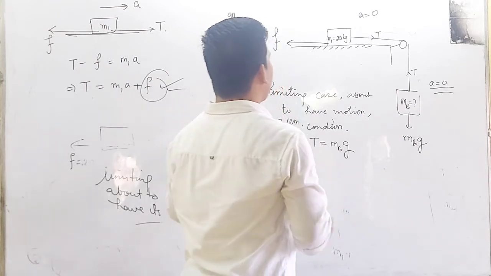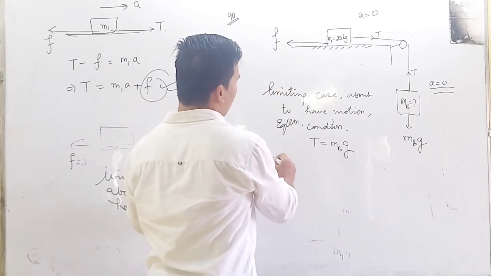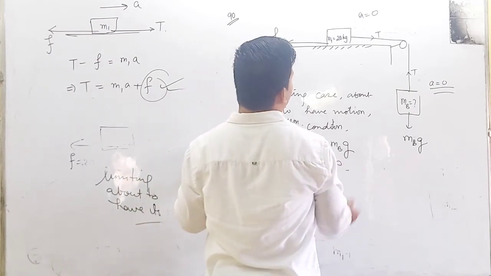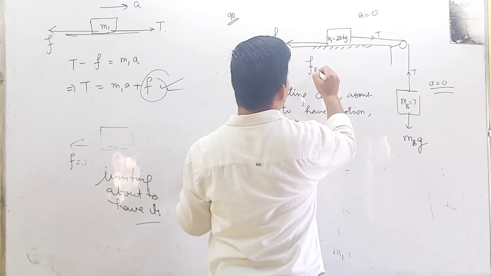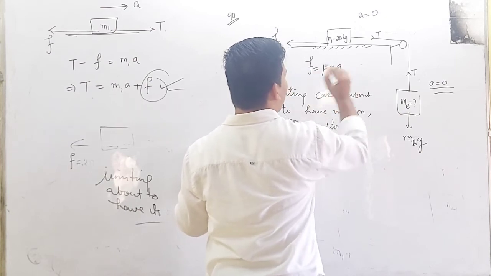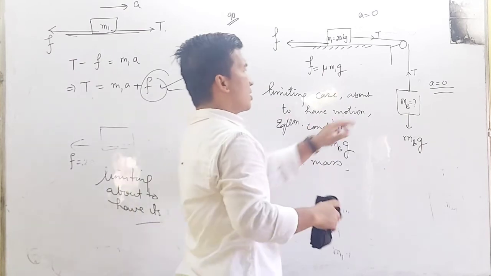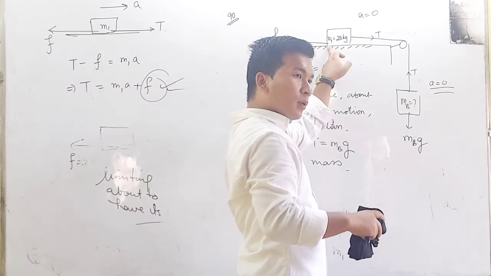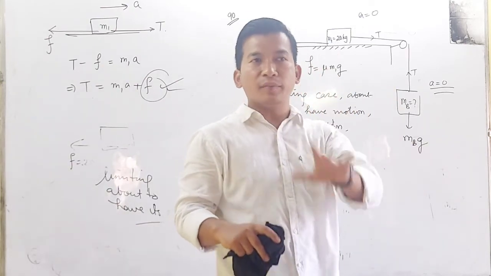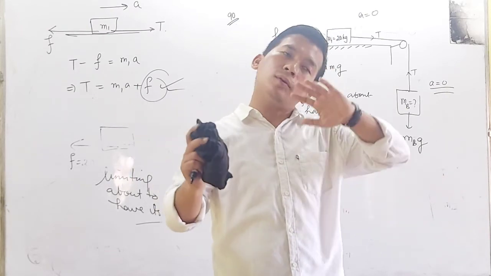Next, for your horizontal mass, F will be equal to mu m1g. If this is in equilibrium, this must also be in equilibrium. I have already told you that for a connected system, if one body is in motion, the remaining part will also be in motion.